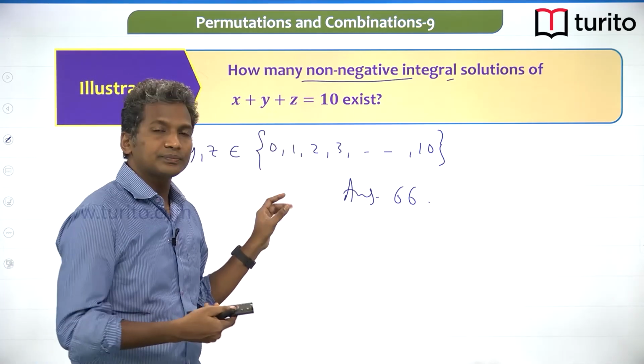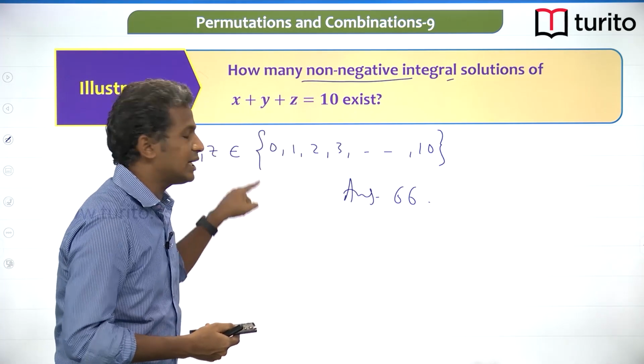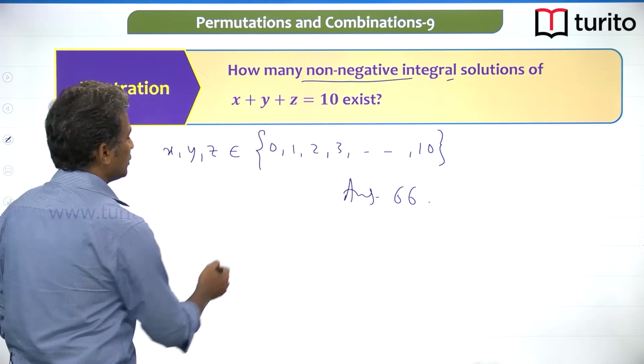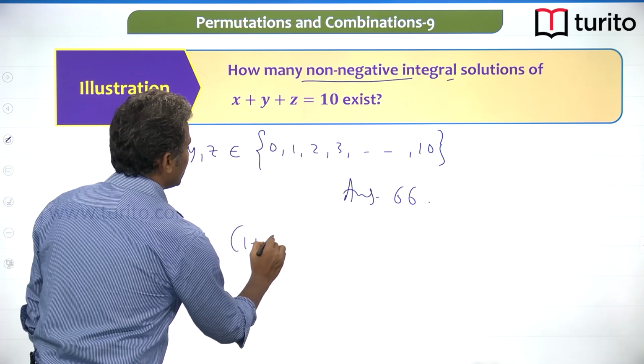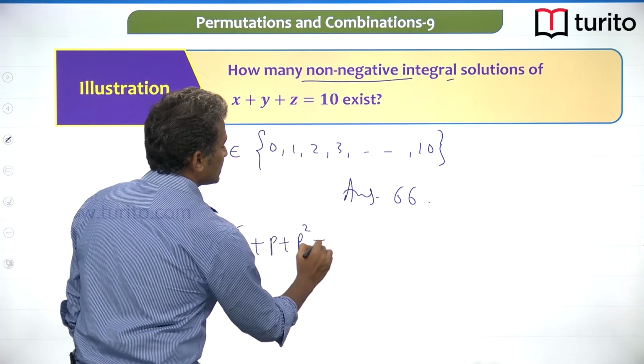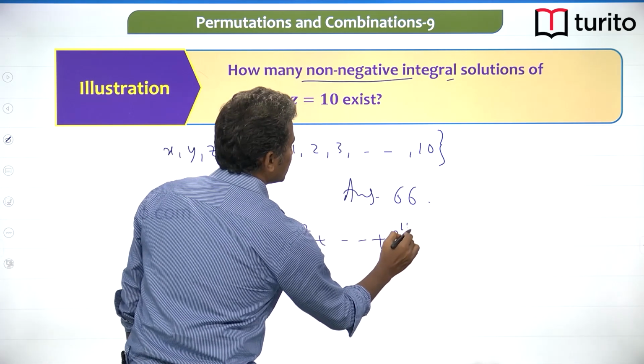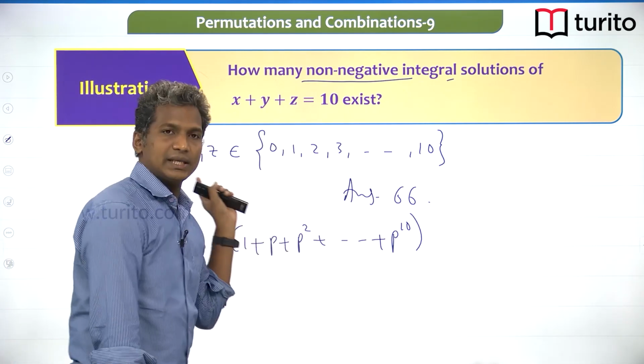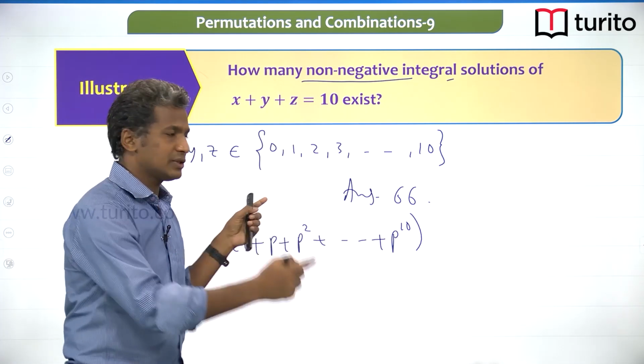But here try to understand that we can write a polynomial for x, y and z and solve this. Okay. So, what could be the polynomial we could possibly write? We can write a polynomial like this: from p raised to 0 to p raised to 10 for x, for y also similar, for z also similar.